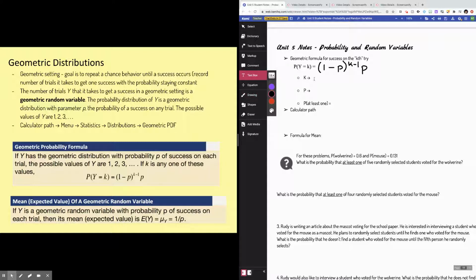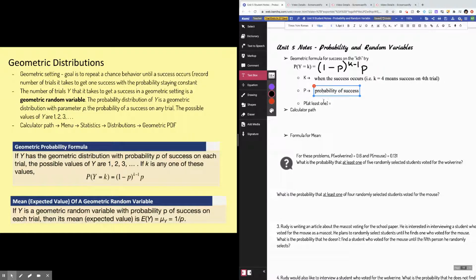So with this type of variable, k is not the number of successes, but rather when the success occurs, i.e. on the 4th trial. So k equals 4 means success on the 4th trial, okay? And then p is still the probability of success.